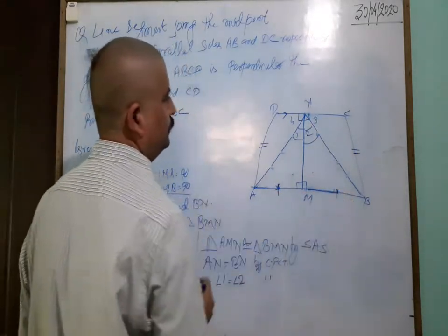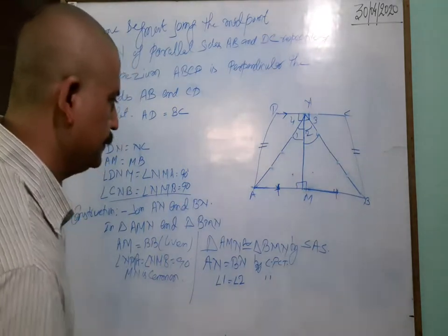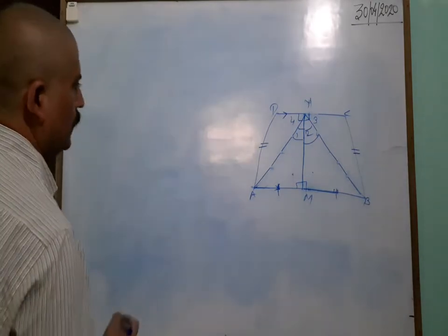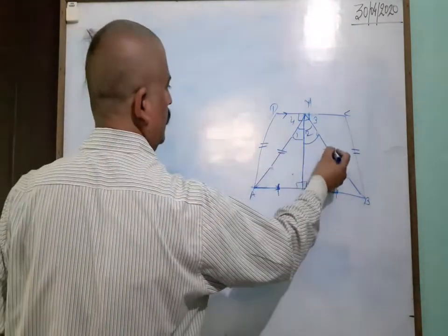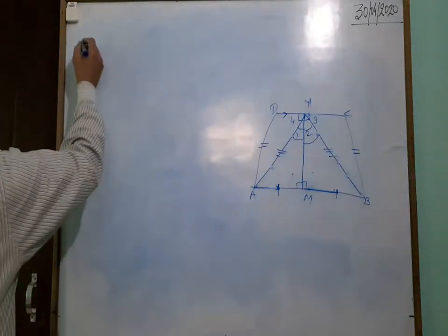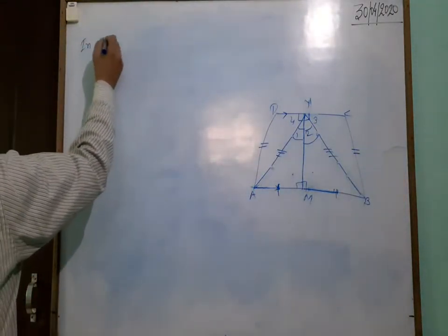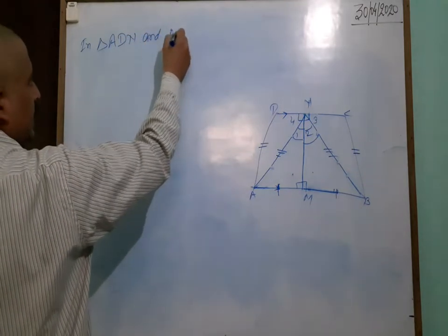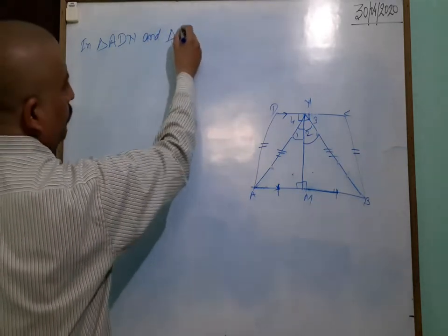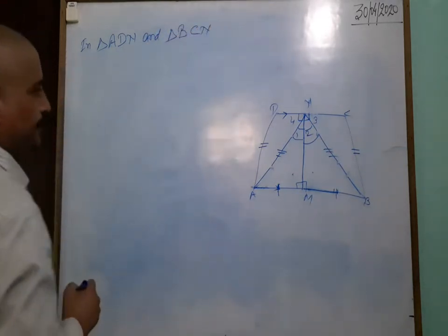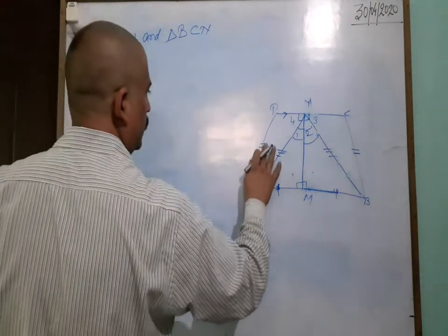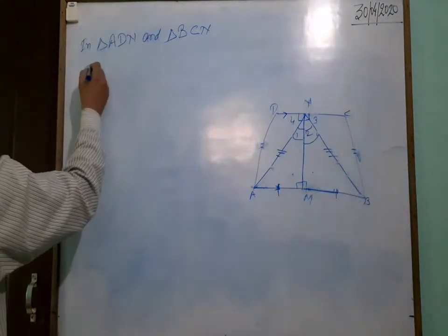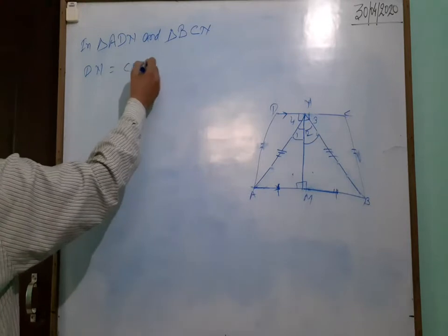So next, in triangle ADN and triangle BCN, DN is equal to CN, N is the midpoint.